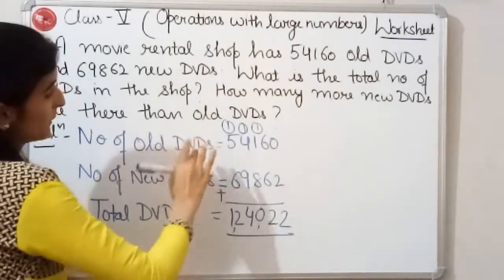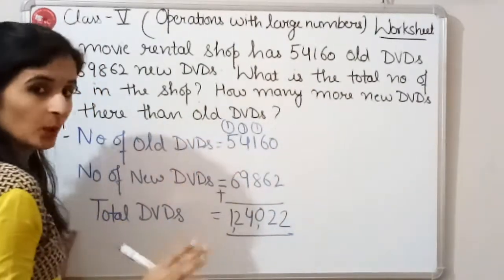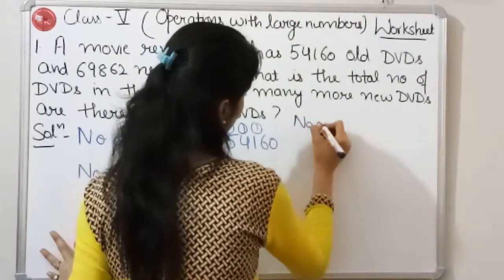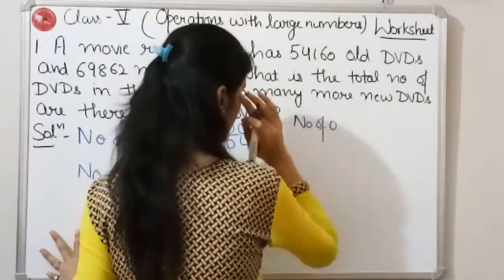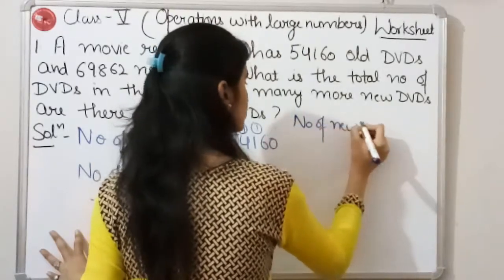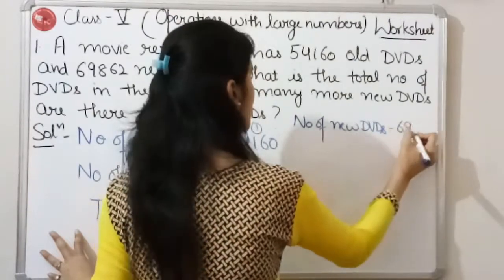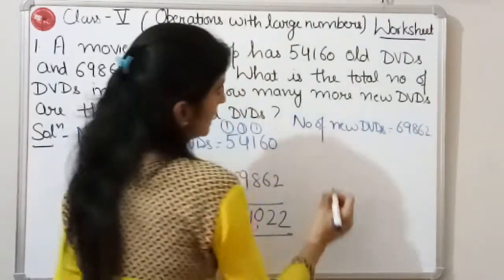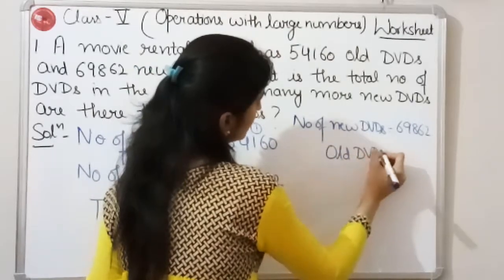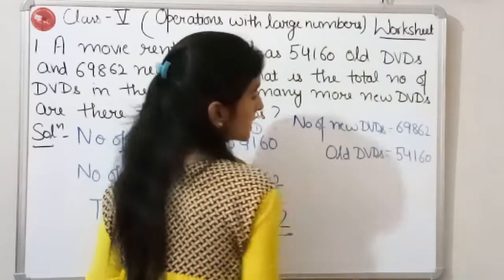Now we have to find out how many more new DVDs are there than old DVDs. So first of all we will write number of new DVDs is equal to 69,862. Likewise, number of old DVDs is equal to 54,160.